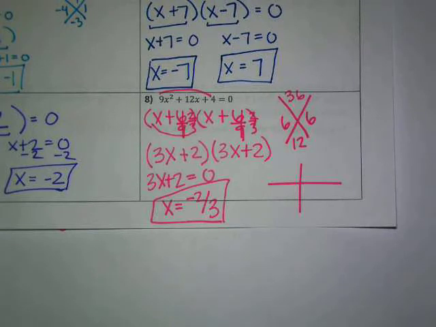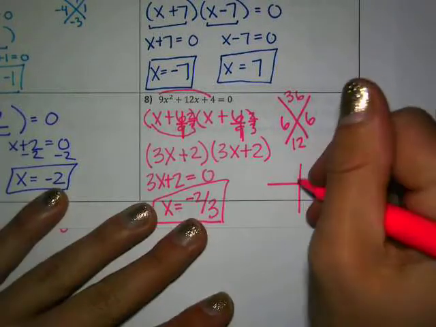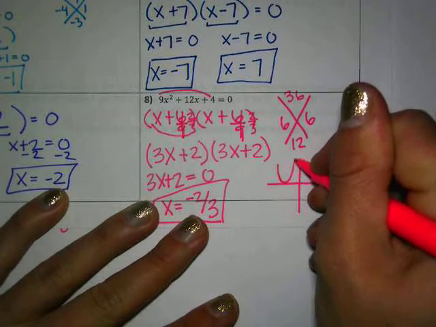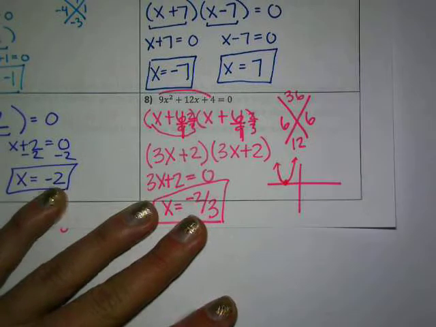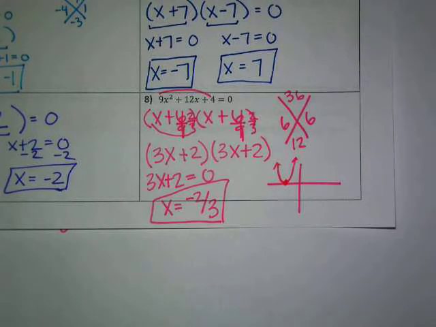It's at -2 over 3, right? Yes. So you have your vertex right on the x-intercept, because that is the only way your quadratic will have one x-intercept. It's going to sit on your axis. All right, we're done.